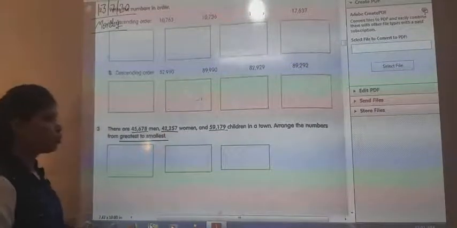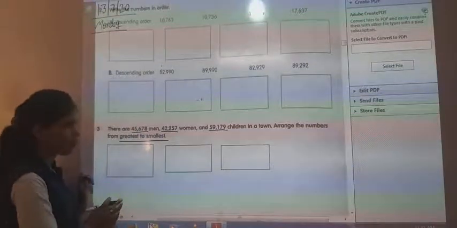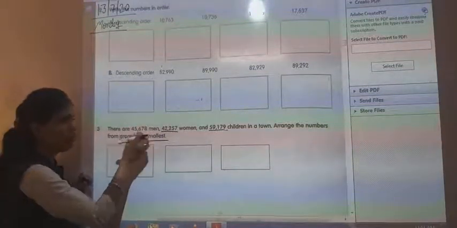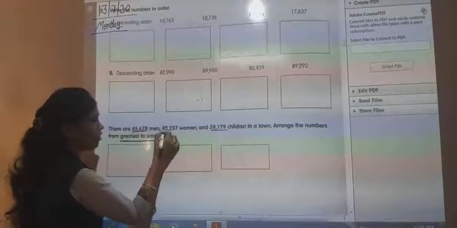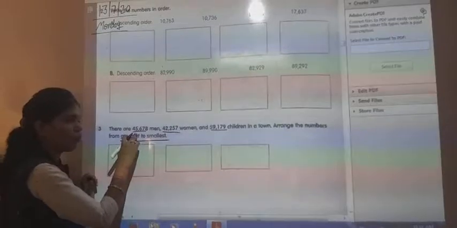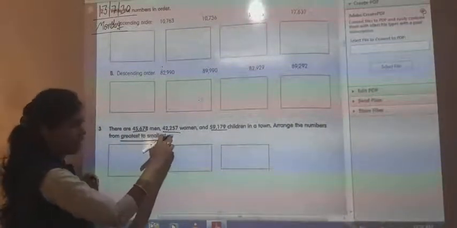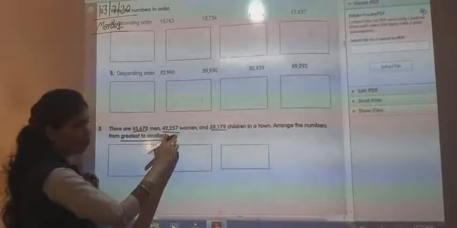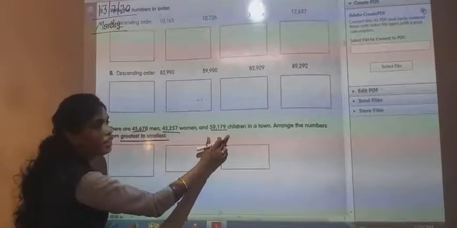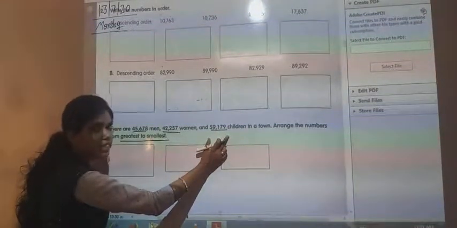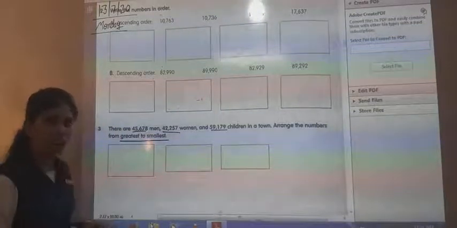So students, do with me. We have to compare first of all, and the greatest number will come first. Now the first number is 45,678 and the second number is 42,257 and the third number is 59,179. So students, from which place will we start?